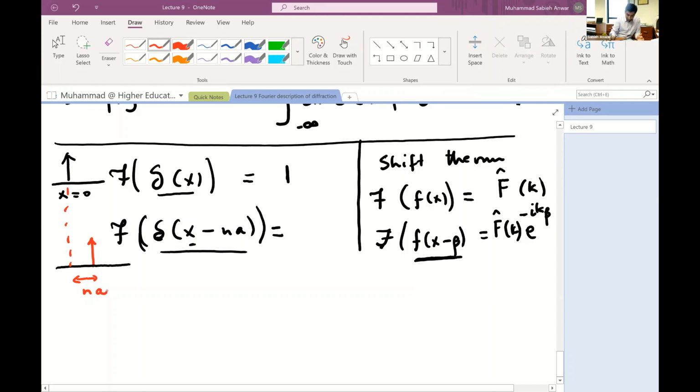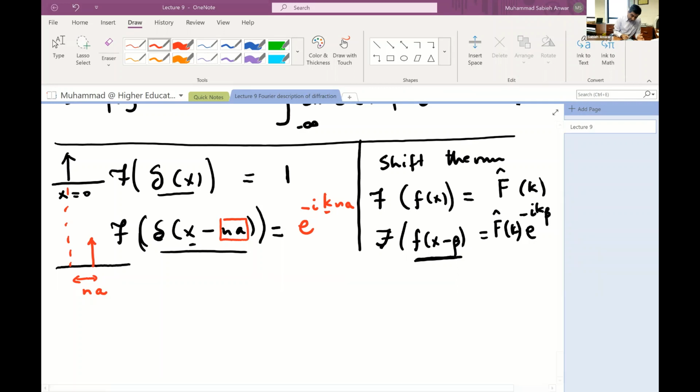If I use the shift theorem and find the Fourier transform of this shifted Dirac delta function, I will simply get e raised to the power minus i k na, so k multiplied with the amount of shift, which is na, in keeping with the shift theorem.